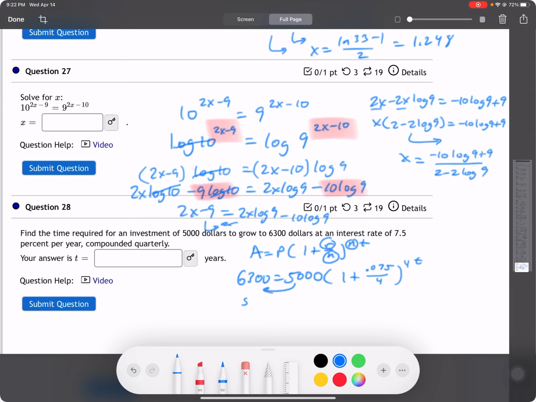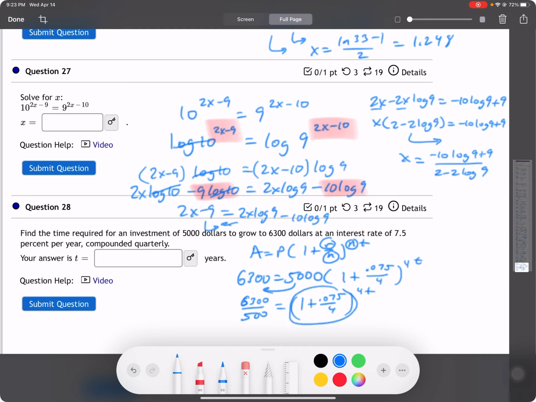That's 6,300 divided by 5,000, which equals 1 plus 0.075 over 4 to the 4t. We want to get rid of this base because we want to bring down the exponent.